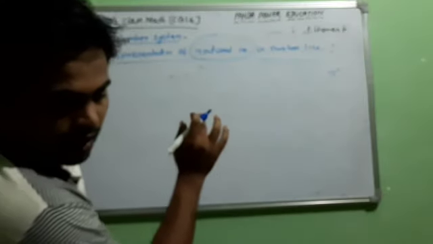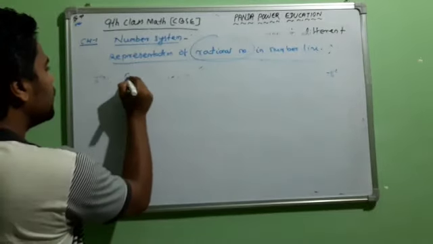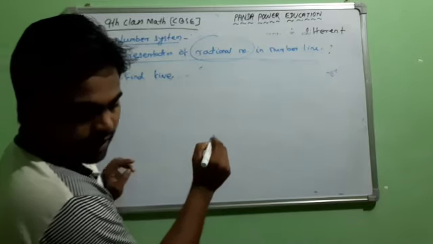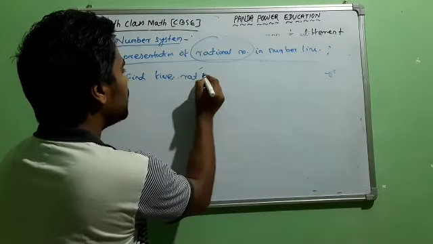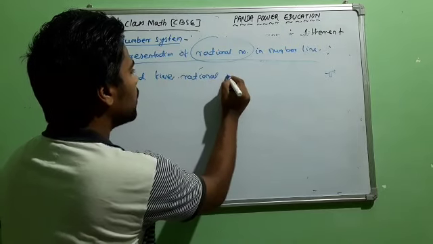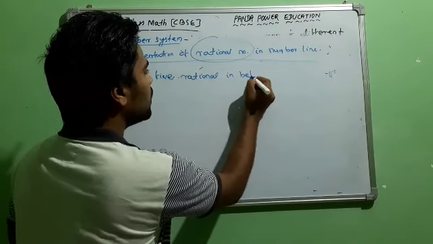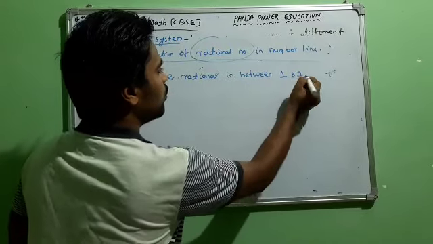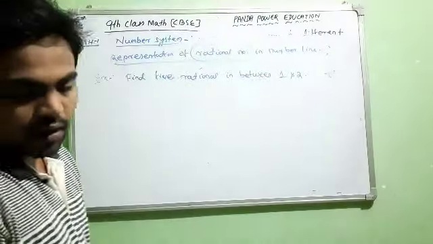Find 5 rational numbers in between 1 and 2.